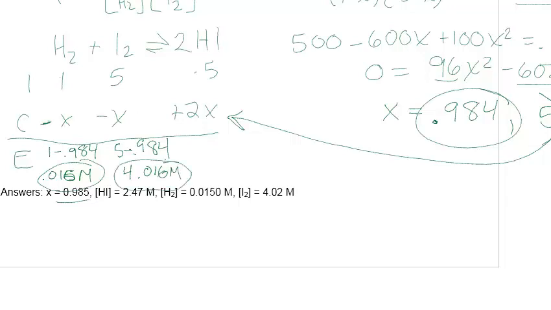I guess that was probably a sig fig issue, 3 sig figs. So 4.02 would be correct. And then for HI, it'll be 0.5 plus 2 times 0.984. And that should turn out to be about 2.47 molarity of your HI.